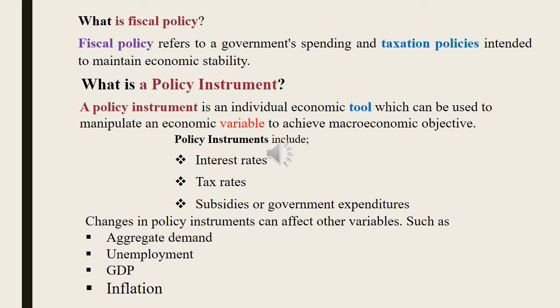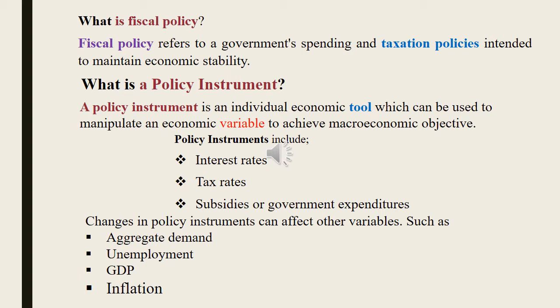What do the other variables mean here? That means macroeconomic objectives. What are macroeconomic objectives? Aggregate demand, decreasing inflation, decreasing unemployment, increasing GDP in the country, and some other objectives can be found in an economy.